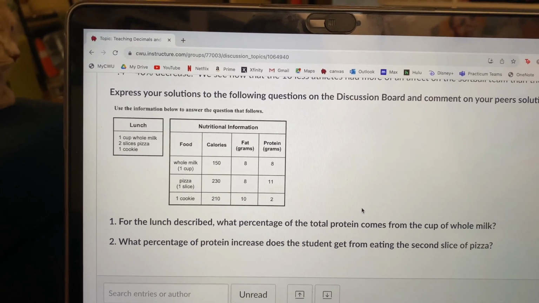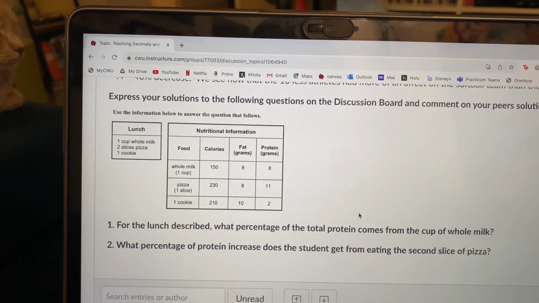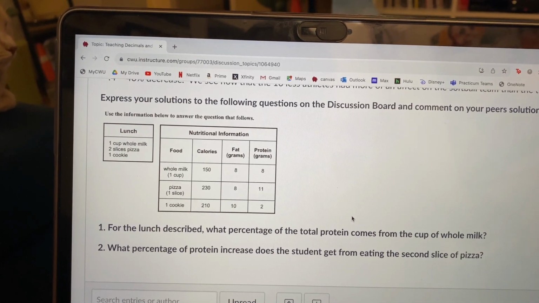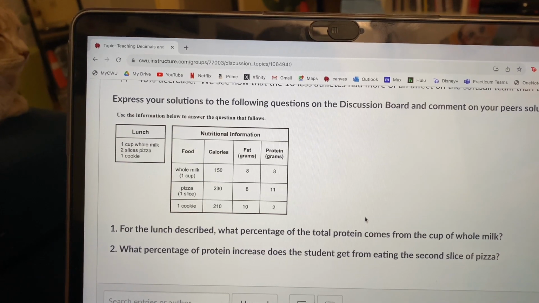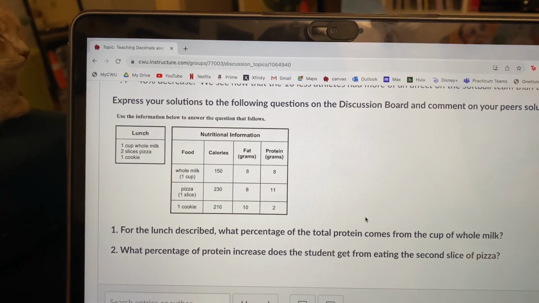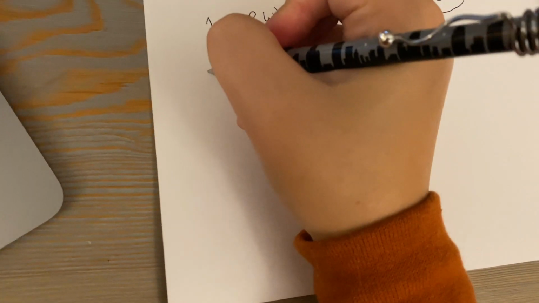So we can also see that there's 2 slices of pizza that this person is eating. So how much protein is in 1 slice of pizza? 11, right? We can see it right there. But there's 2 slices of pizza. So what will we do? 11 plus 11. Good job.